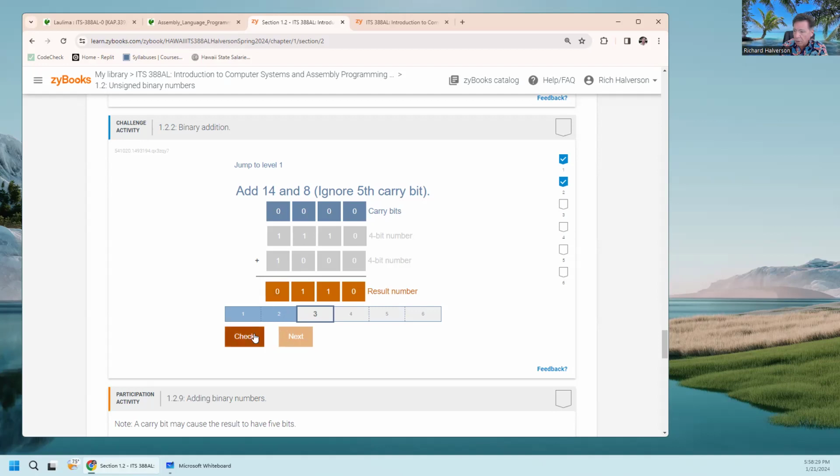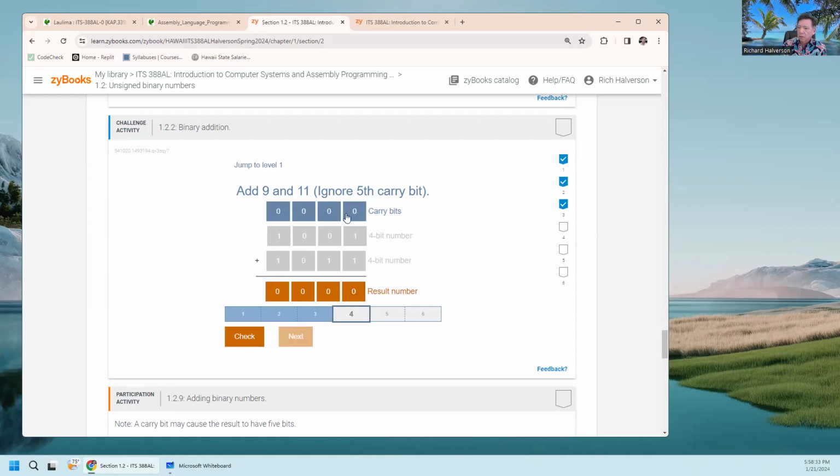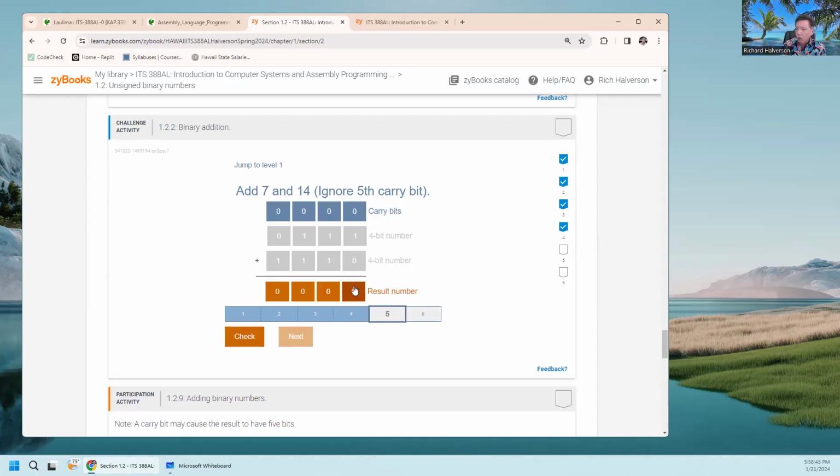All right. Ignore the fifth bit. 0, carry the 1. 0, carry the 1. Carry the 1. 1 0. And this one is 1. This is 1 plus 1 is 0, carry the 1. 1 plus 1 plus 1 is 3, which is 1, carry the 1. And then 1 plus 1 is 2, 0.